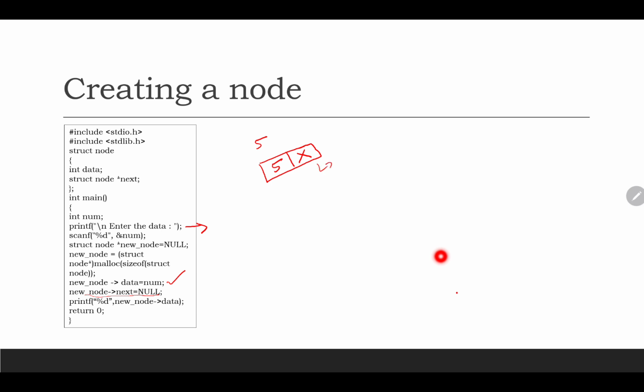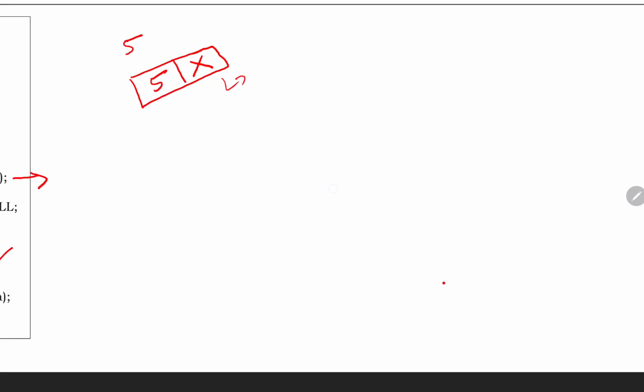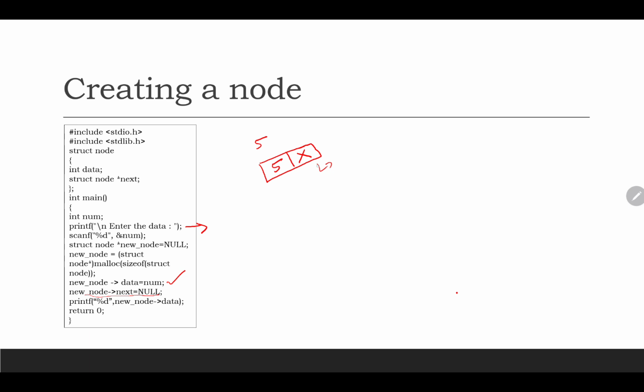After this there is no node, so this is the last node, and the address part is null. Then by using this printf statement we print the value of the new node, newnode->data. What is the value here? It is 5, so the value 5 will be printed. This is how we create the linked list.